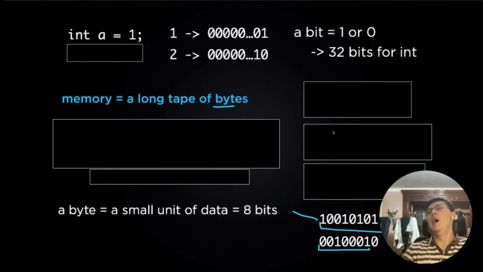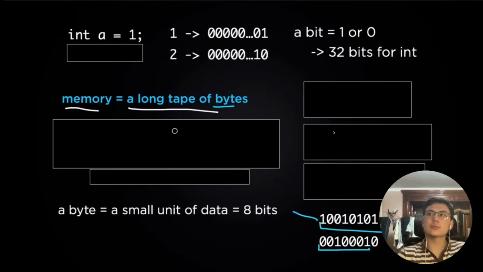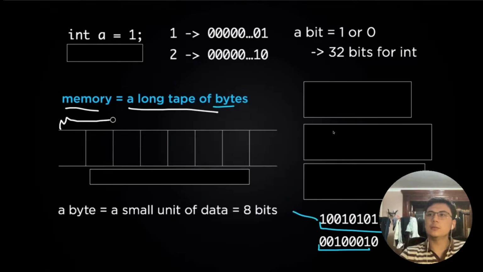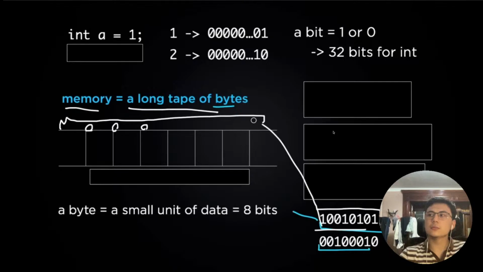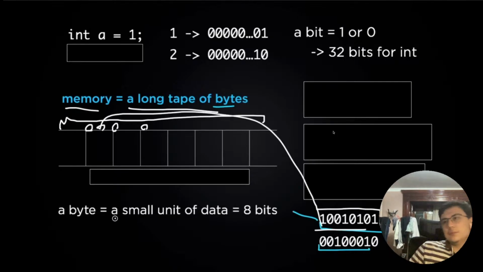Now you can visualize the simple model of memory, a long tape of bytes, like this. So this is the long tape, and each of these compartments represents each byte. So you can sort of imagine a bunch of bits, 8 bits to be exact, being crammed into each of these compartments. And then you can store bytes, which are of course small units of data, in these compartments to represent anything you want to represent on your computer.